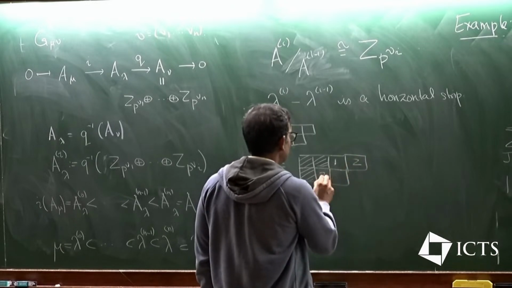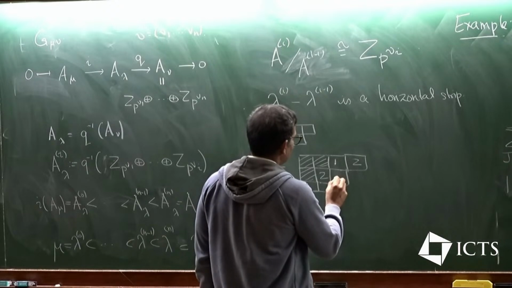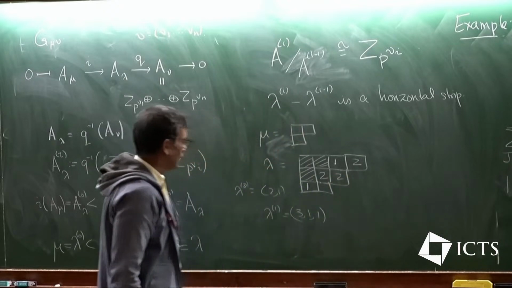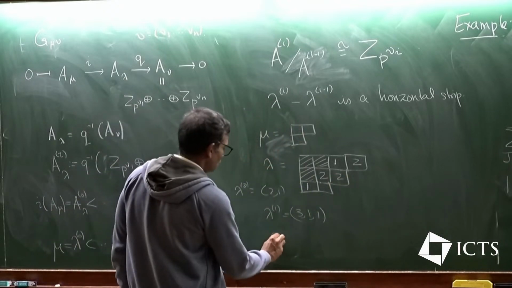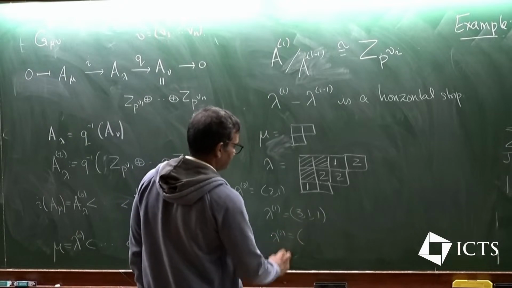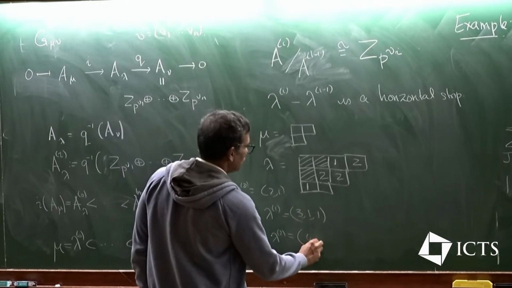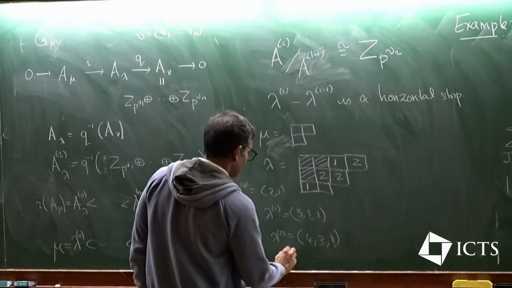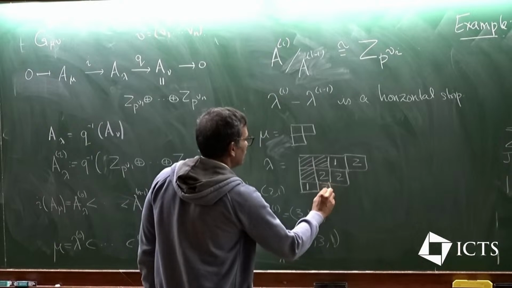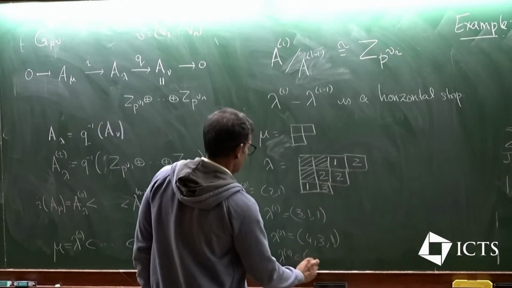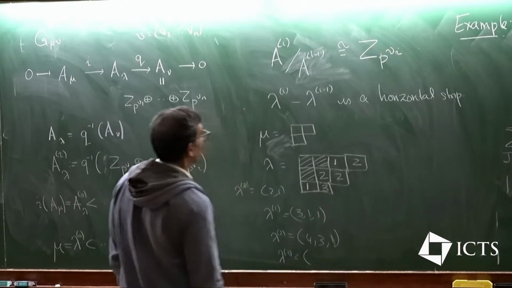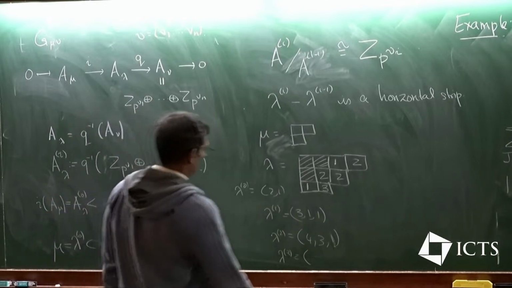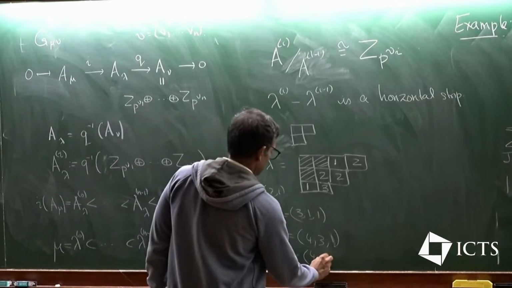So let's say these are added in at the second stage. Then lambda 2 becomes 4 3 1, and finally lambda 3 is the whole thing. I add this 3 at the last stage, which is the big partition 4 3 2.